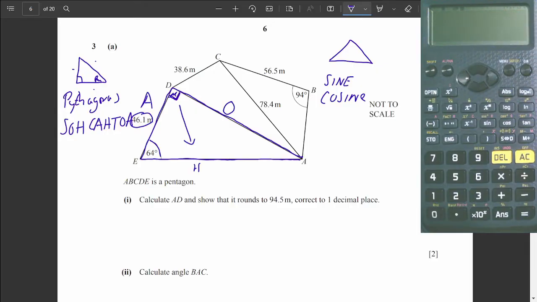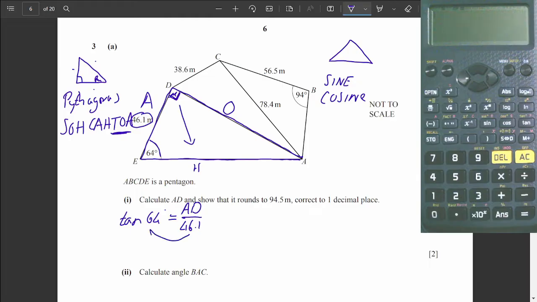So we're using O and A, which means we're using the tan ratio. So let's write that down. Tan of the angle 64 equals the opposite, which we don't have, so we're going to label it AD, over the adjacent, which is 46.1. Let's rearrange that to work it out.